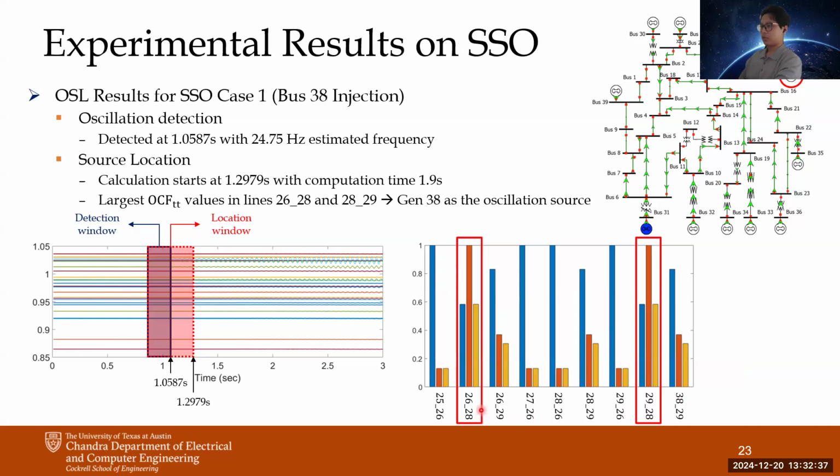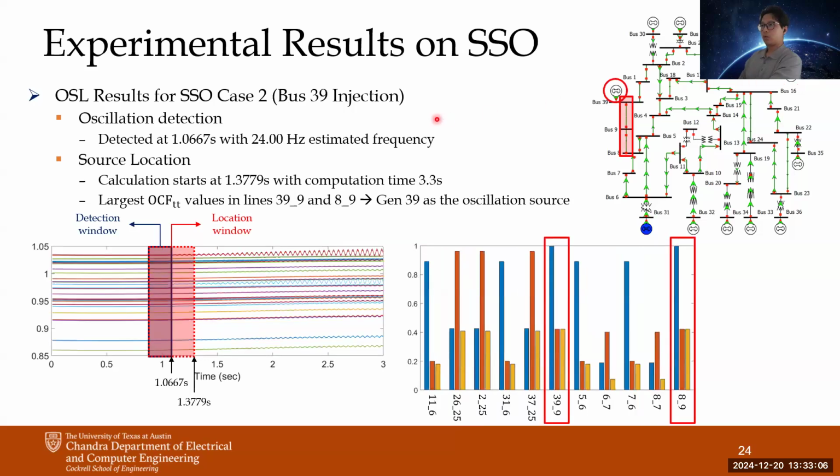Lines 26-28 and 29-28 show the largest OCF value. From this map, we can see that these two lines have the largest OCF value. And because lines 25-26 and 26-27 have lower contribution factor values than these two lines, we can conclude that bus 38 is the oscillation source for this case.